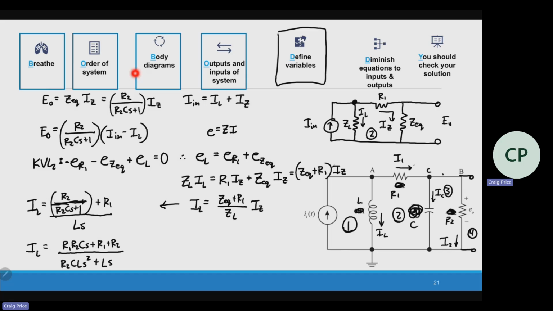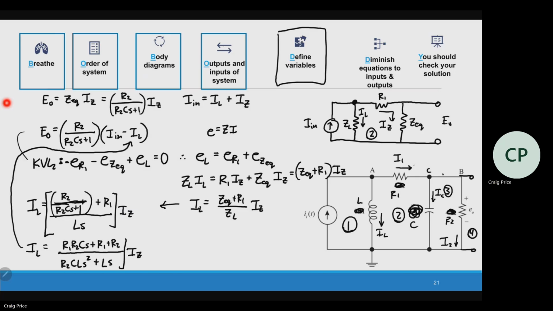Maybe you see, once I have this, now I have a definition for IL. Well, this is multiplied by IZ. So I've got all of this, and I can now plug that in.